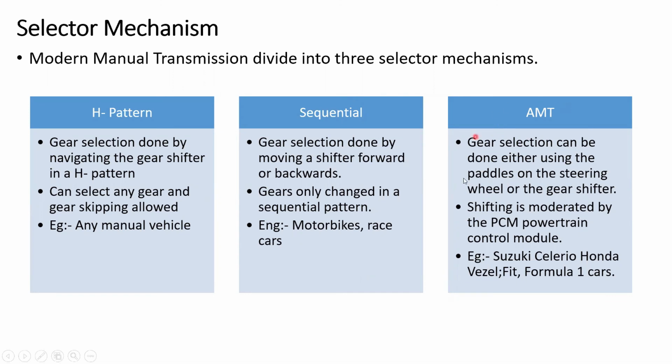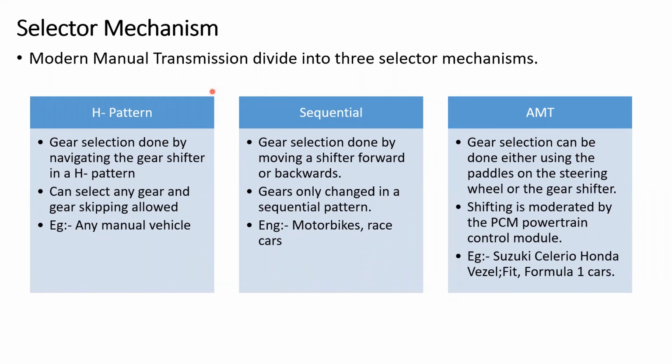Next we have the automatic manual transmission. Automatic manual transmission is a manual transmission completely automated, including the clutch, gear changing and everything. In this system, the clutch mechanism is replaced by an electronic actuator that pressurizes the hydraulic fluid and moves the clutch lever.